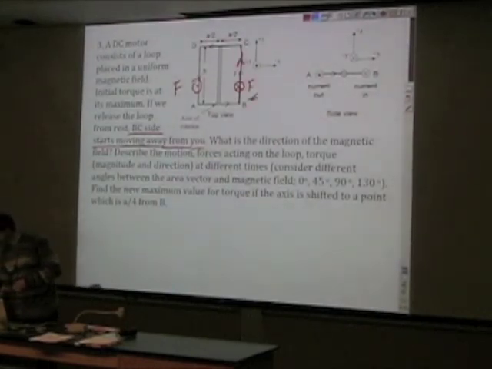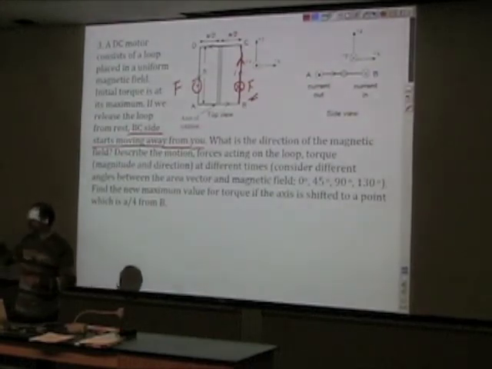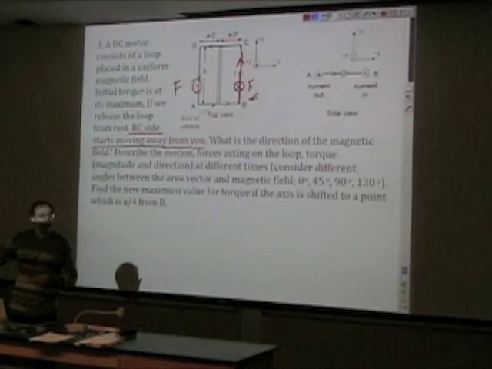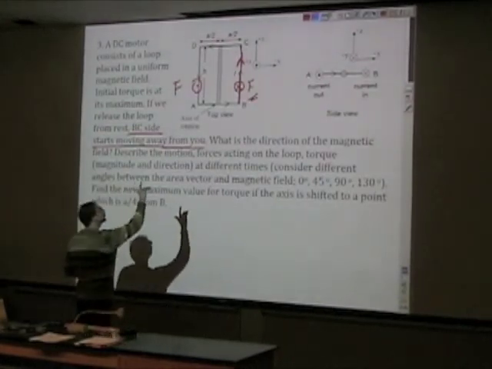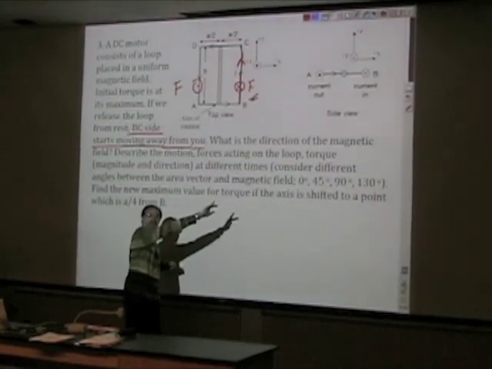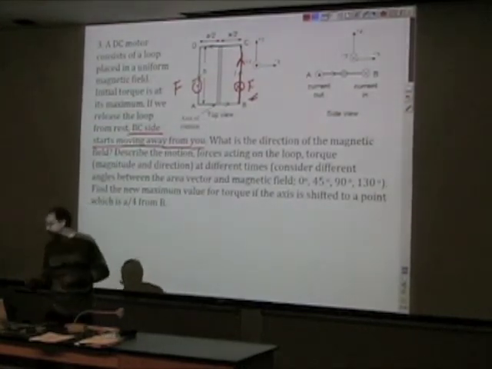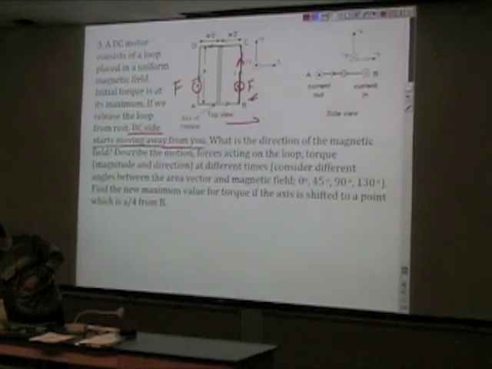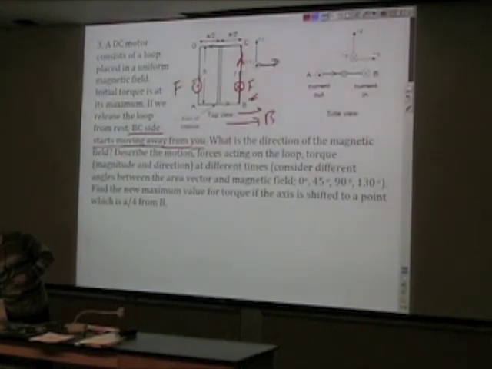So, current, magnetic field points to the right. That's the first fact you may want to use. The magnetic field, now we have to say, points in the direction of positive x axis.